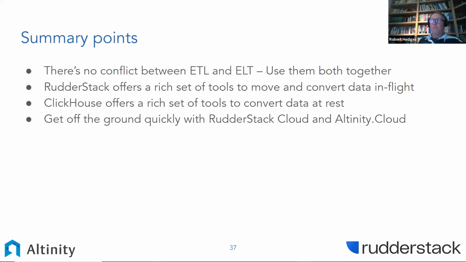You're going to need both of them for real systems, and you should use the transformations in each part of the system that are appropriate. So RudderStack has this very rich set of tools to move and convert the data in flight. And that includes, as Eric says, the ability to then detect changes, interesting things that are happening in the data warehouse to that arriving data and propagate them back out to applications that need them.